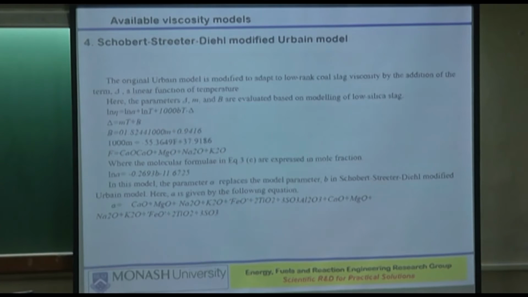Then the next one is again another modified Urbane model, but modified by Schobert, Streeter and Dale. They did it when people started giving more importance to the slag from low rank coals, and the low rank coals have calcium, magnesium, sodium, potassium, iron, etc. much more than these are present in the high ash coals.